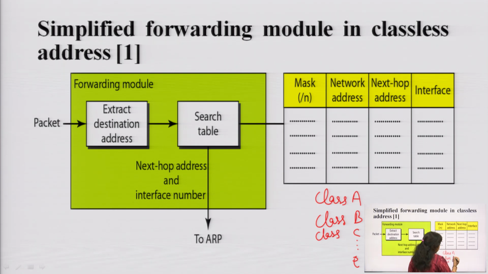In case of this one, for class A, the first byte is described over here, then this is the second byte, then the third byte, and the fourth byte.